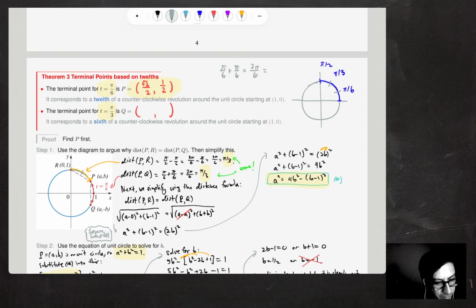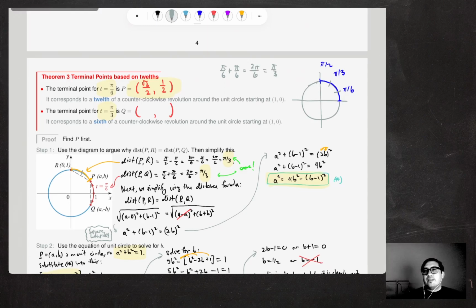Canceling the 2 from the top and bottom gives me a pi over 3. So pi over 6, 2 pi over 6, 3 pi over 6 would give us pi over 2 after canceling. All right, cool. Now, we actually know the coordinates of pi over 6 are root 3 over 2 and 1/2.